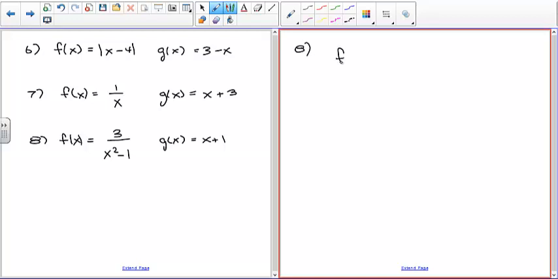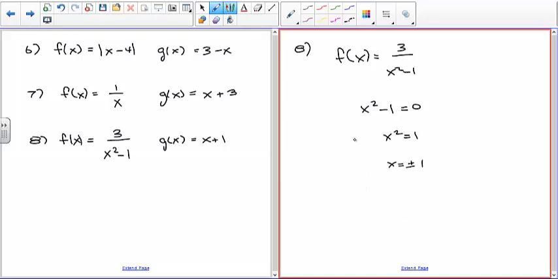So we've got f of x equals 3 over x squared minus 1. So the domain is all real numbers except when that equals 0. So you get x squared equals 1. Take the square root, you get x equals plus or minus 1.